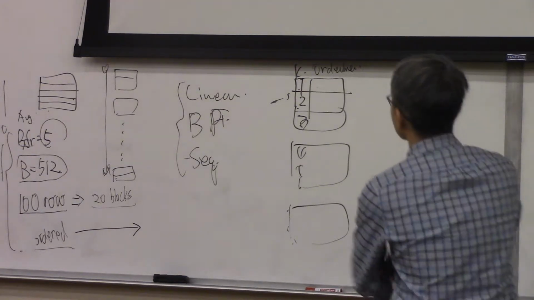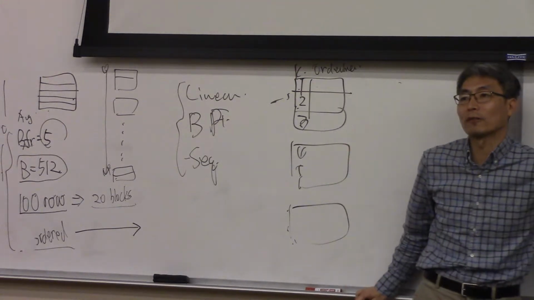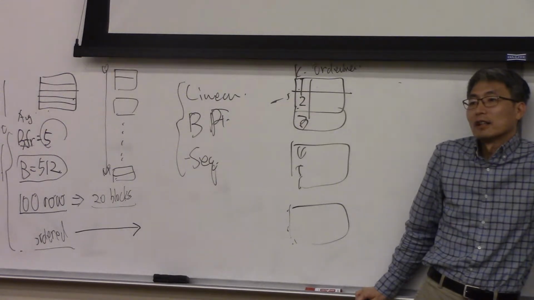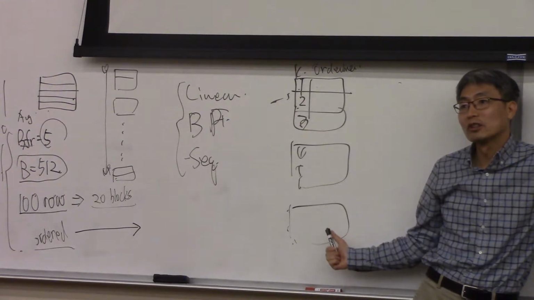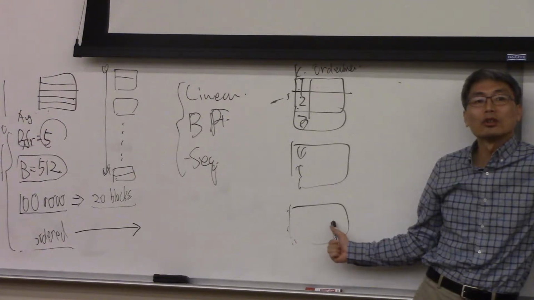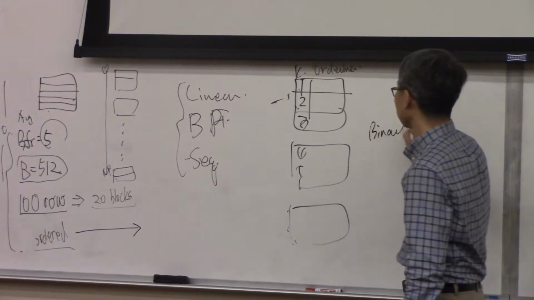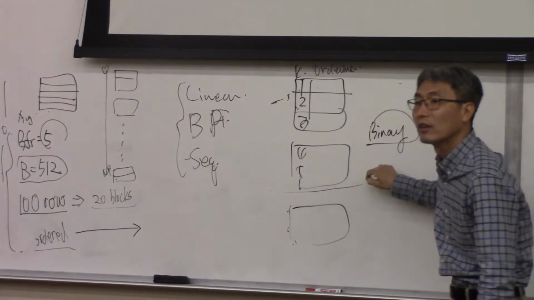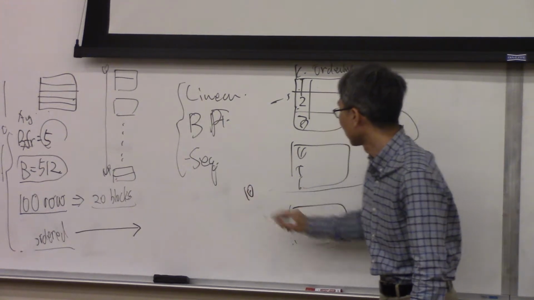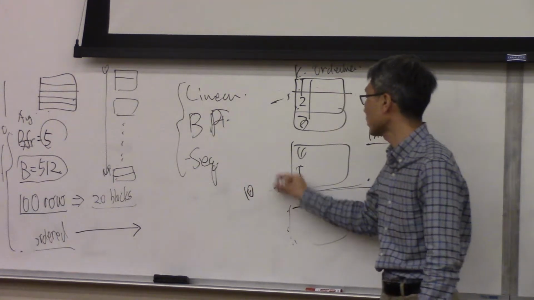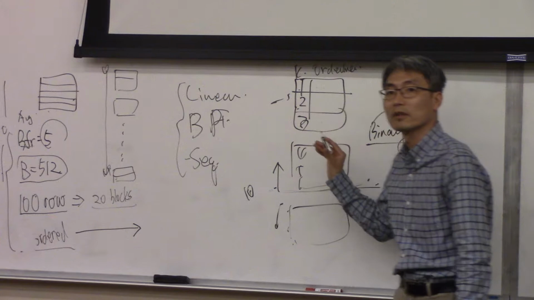How can you search the data in an ordered file? Brute force? You can do binary search. Cut in half. So I will search for 10: cut in half, whether 10 is here or here, and cut in half again.